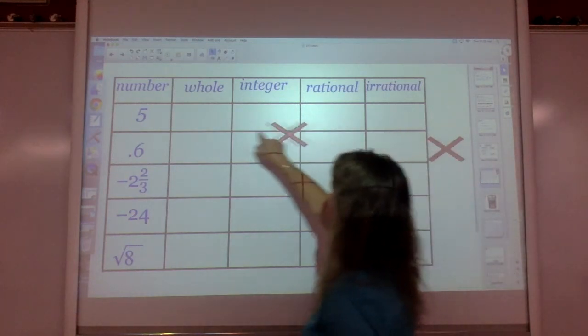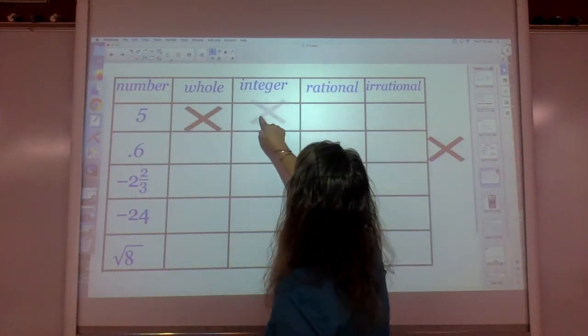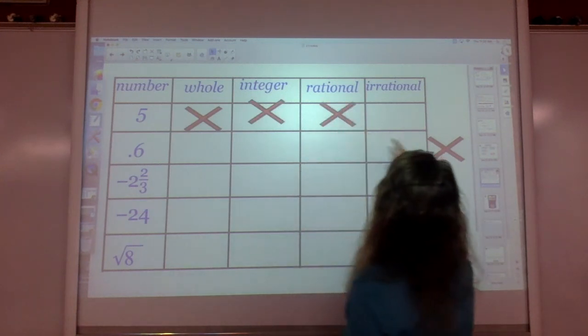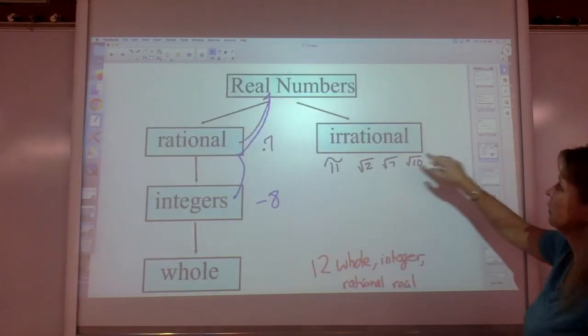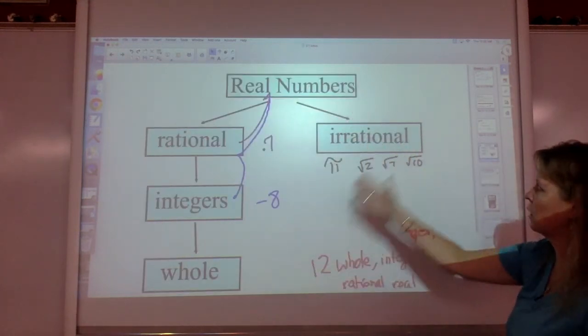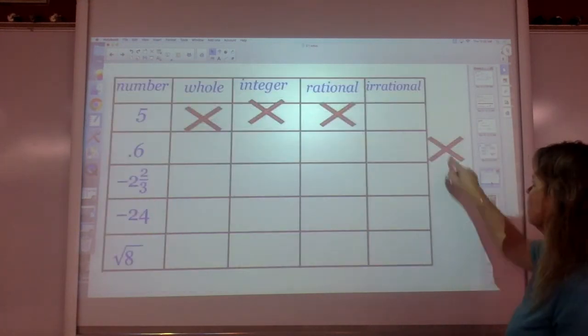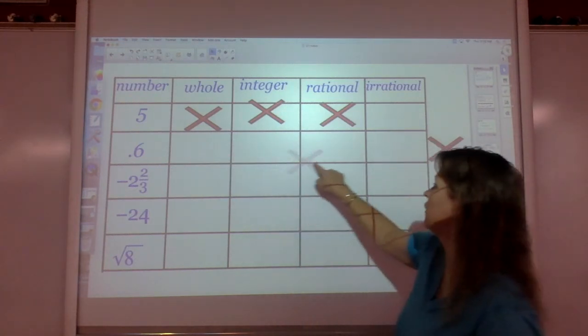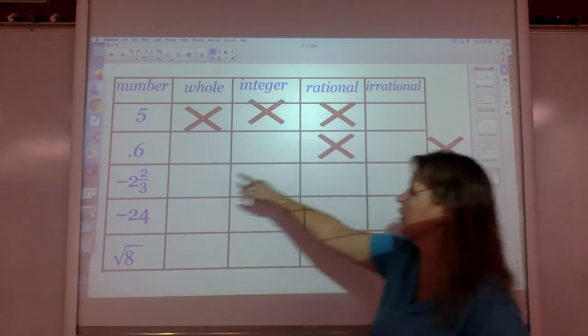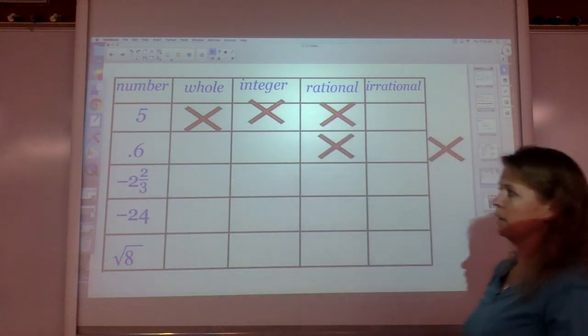And this is what it should look like. If something is a whole number, it's everything except irrational. Notice irrational is not on that same side of the chart as a whole number is. If something is a decimal, it's not whole, it's not an integer, it's rational if the decimal terminates, which it did.